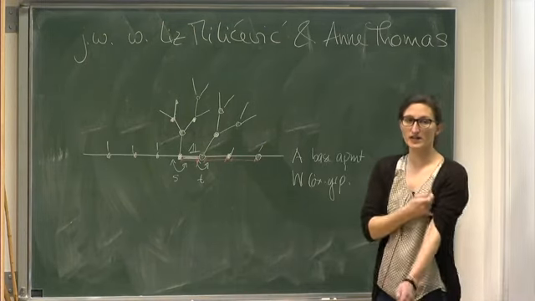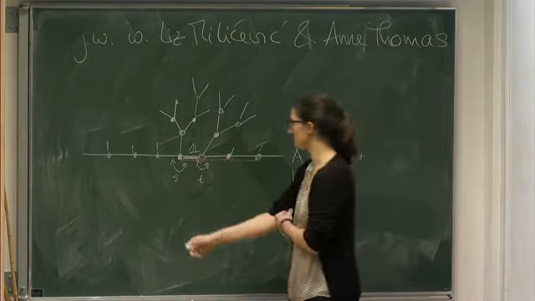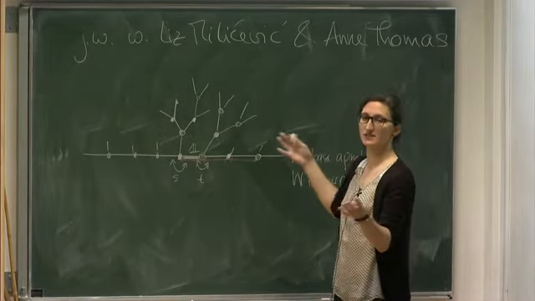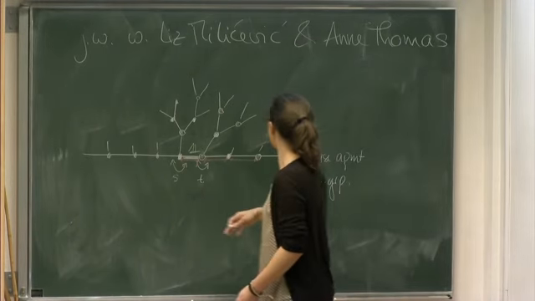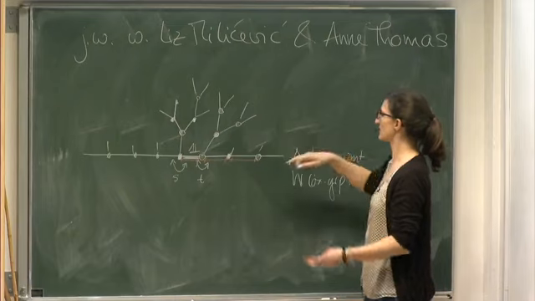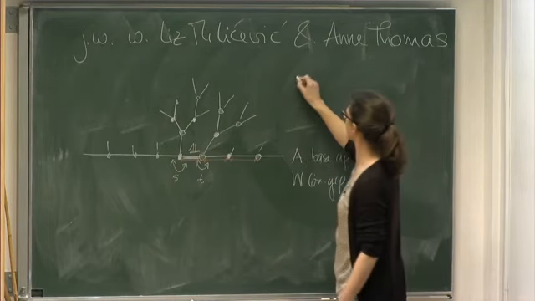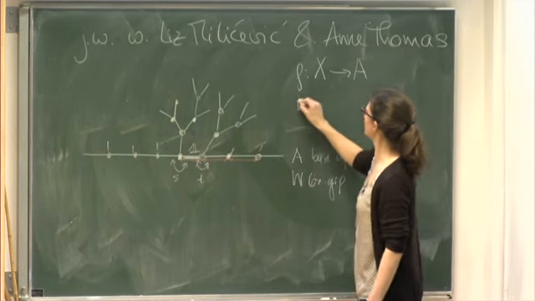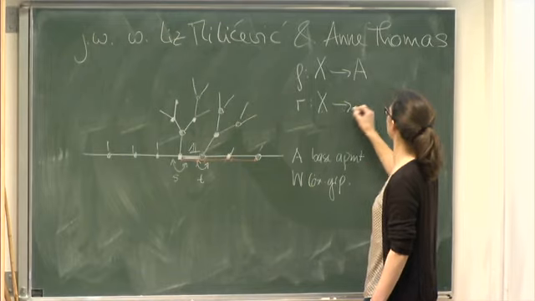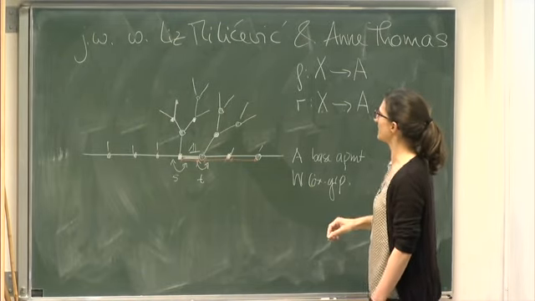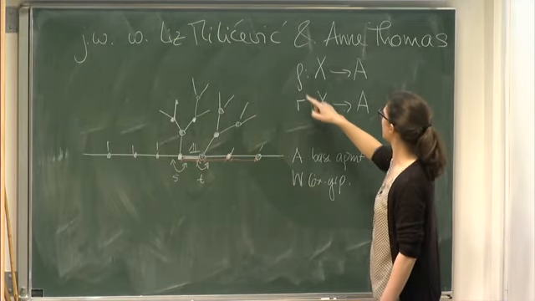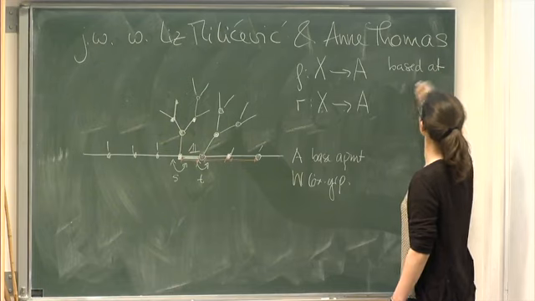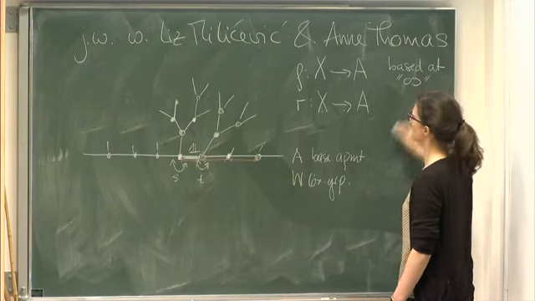And then we use retractions. So what are retractions? Retractions are distance non-increasing maps from the tree to itself, but not onto the entire tree, but onto this base apartment. So we have a map from X to A, and we have another map from X to A. One is based at, say, infinity.